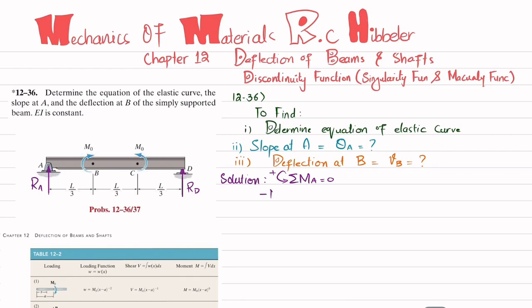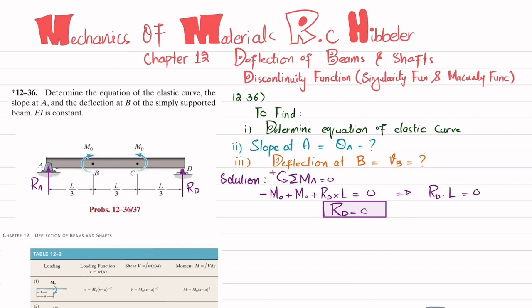So I will write minus M naught plus M naught plus RD into L is equal to 0. So from here you will get RD into L is equal to 0.